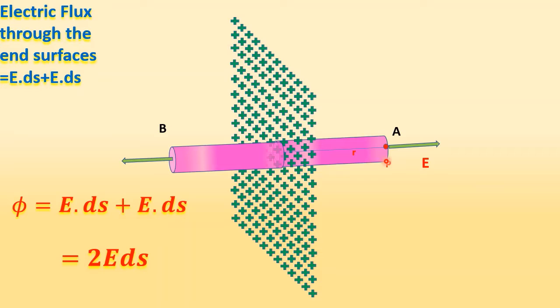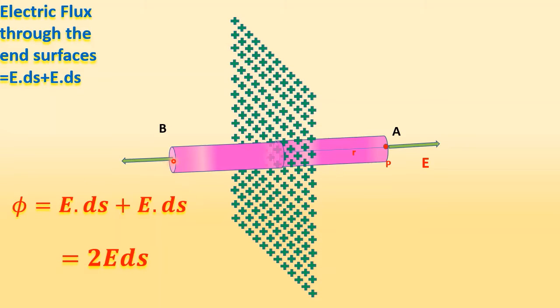The electric flux through the end surfaces A and B is equal to E dot ds plus E dot ds. So the total flux through the Gaussian surface phi is equal to E dot ds plus E dot ds.